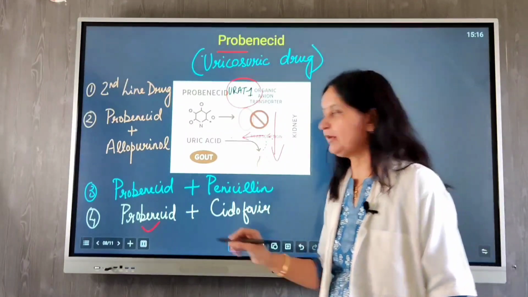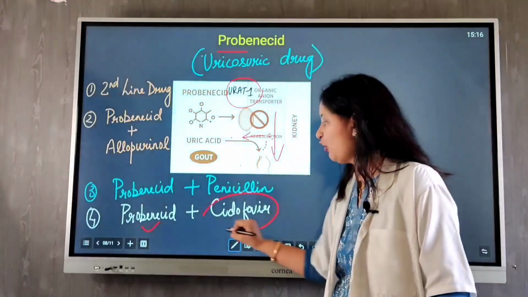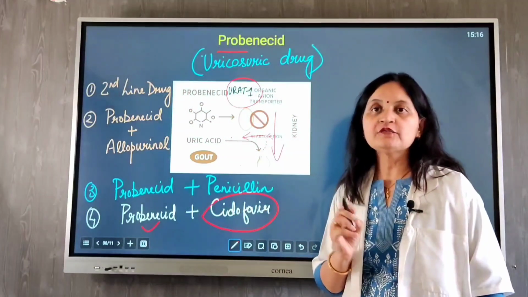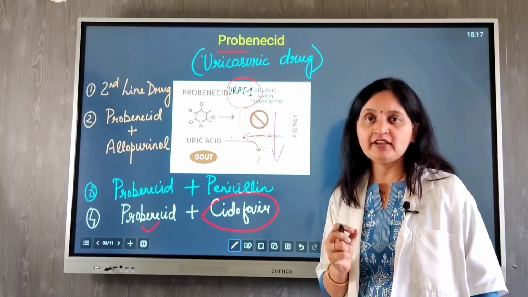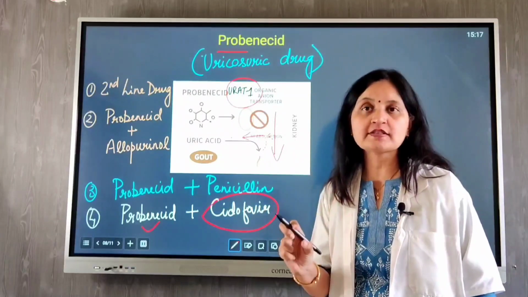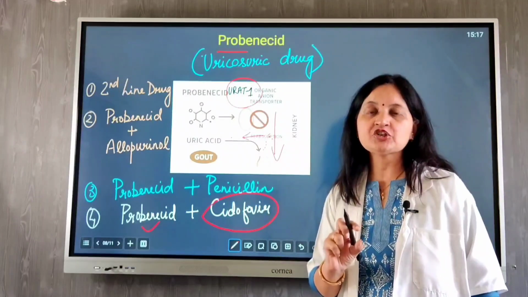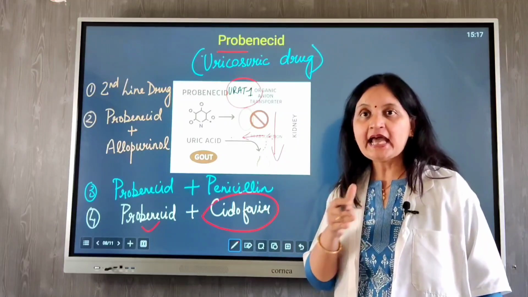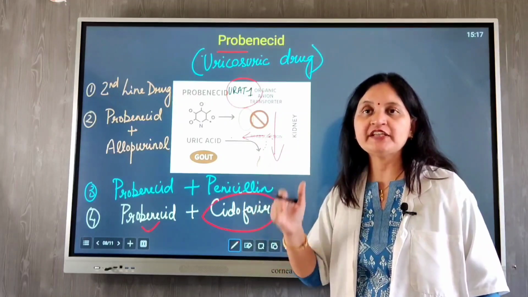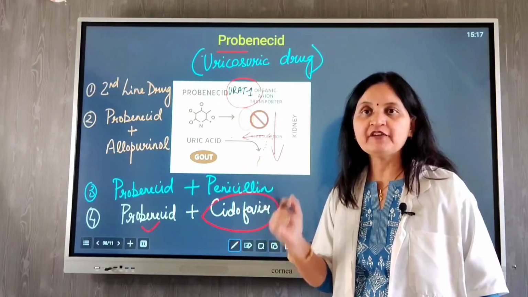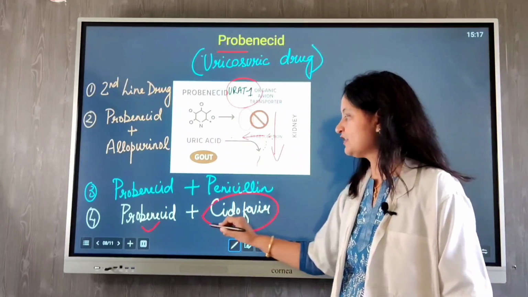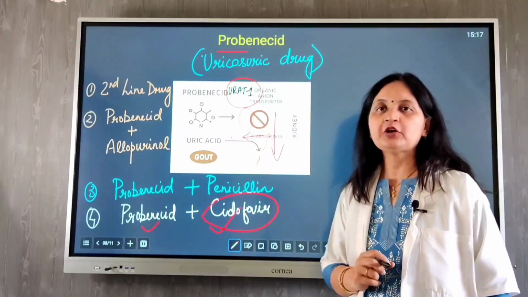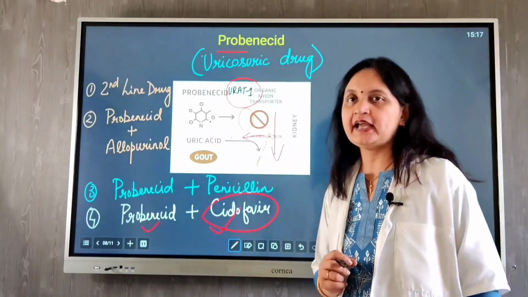Also, probenecid can be used in combination with cidofovir, a drug used for the treatment of cytomegalovirus retinitis. Cidofovir is considered to be a nephrotoxic drug, and combination with probenecid enhances the renal clearance of cidofovir and thus reduces nephrotoxicity of cidofovir in the treatment of cytomegalovirus retinitis.